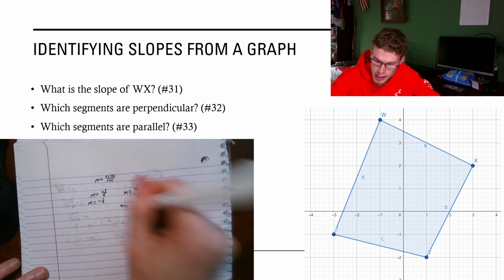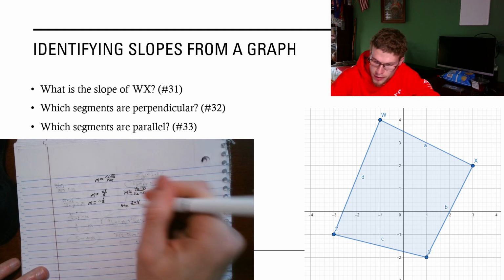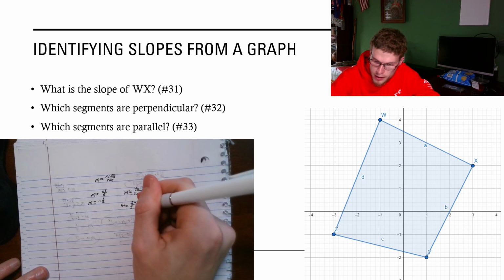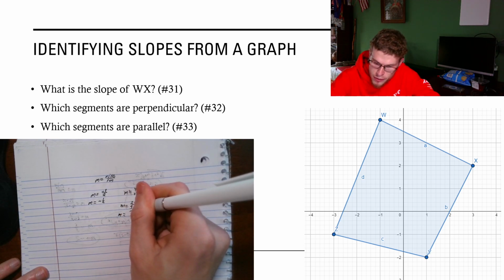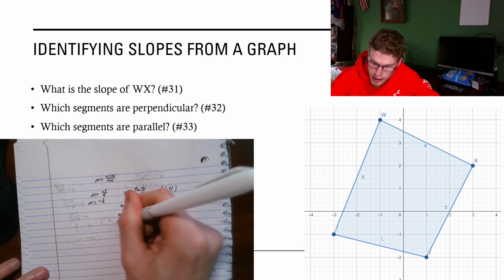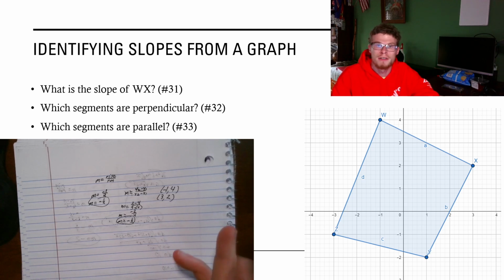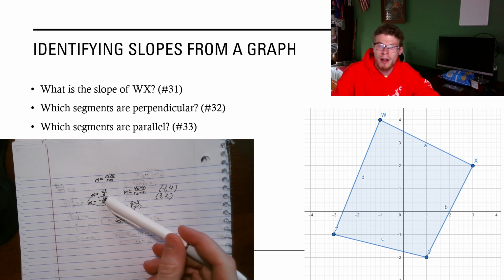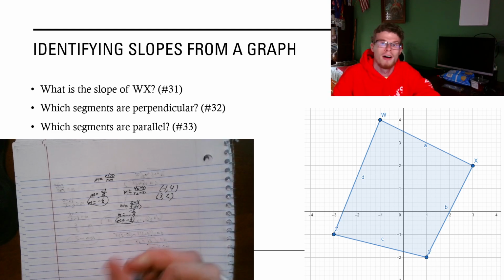So let's do it. M equals 2 minus 4 over 3 minus negative 1. Now that I've done that, I just combine: negative 2 over 4, which is the same thing as negative 1/2. These are exactly the same answers, determined two different ways. So you can do it just by eyeballing it if you have a graph, or you can use the algebraic way. It still will work.